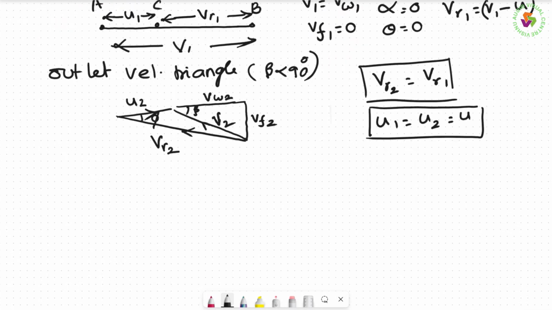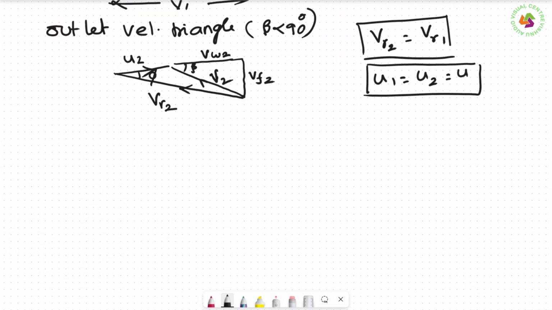So now how to move forward. Before moving forward to the work done, what are the things we should know? For example, as I told at the beginning, H1 is the head available in the reservoir, that is the gross head.